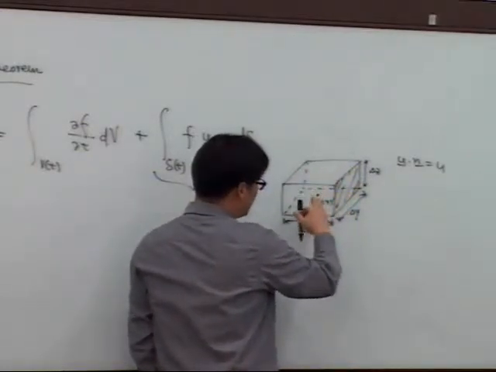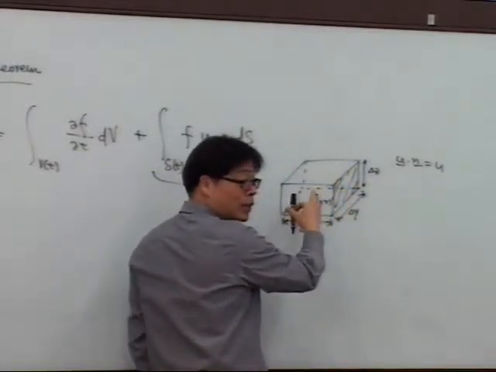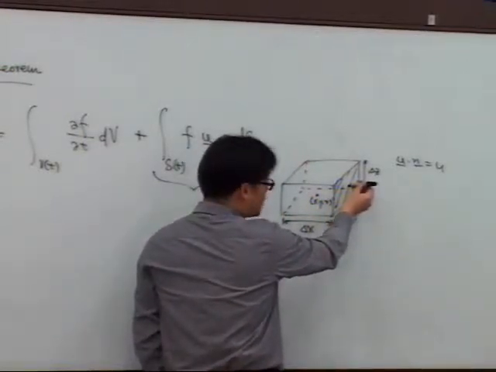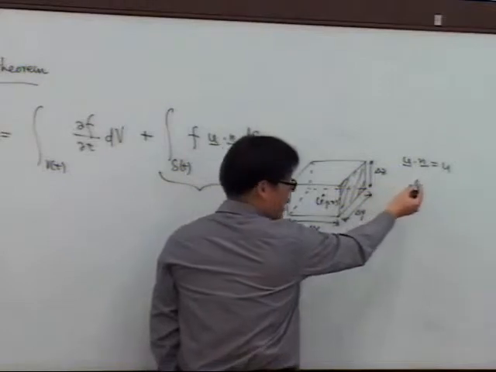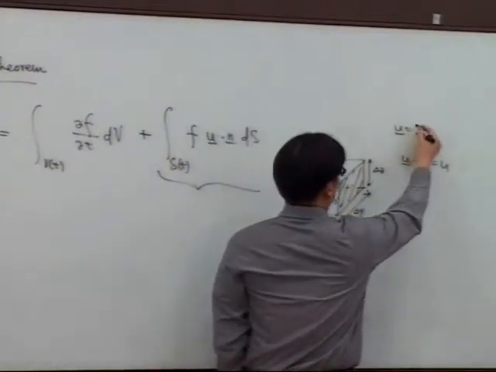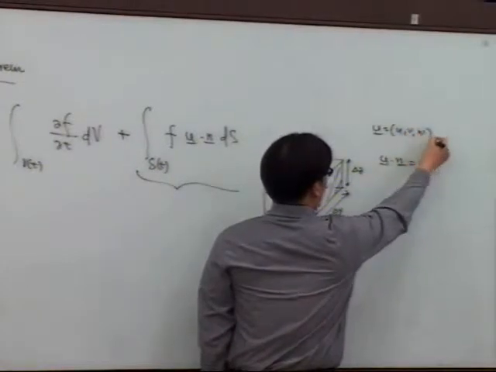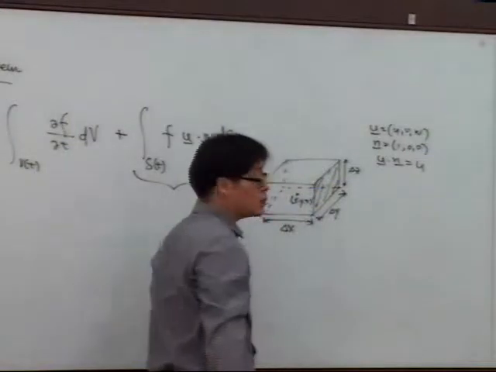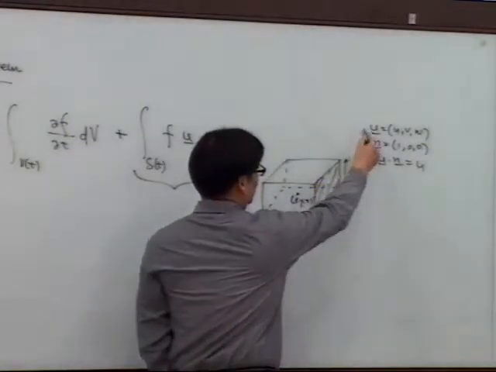So this time, I'm interested in the fluid inside of this rectangular box. So the normal vector is away from the box, and therefore u dot n is nothing but u, because u is (u, v, w), and n is (1, 0, 0). Right? So when you take an inner product, then you get u.